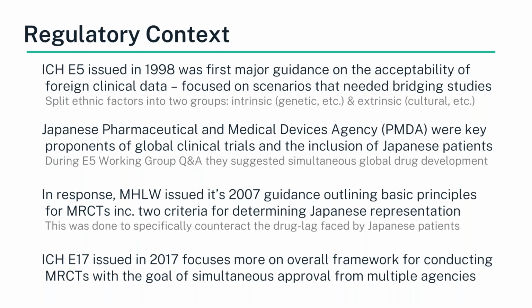And so obviously in this document, they highlight some potential differences, and they also mentioned that it's possible that a drug may or may not be sensitive to either the intrinsic or the extrinsic factors, or both.